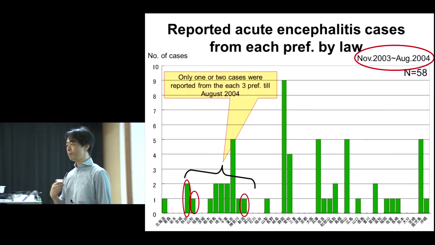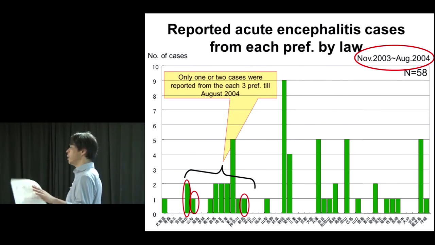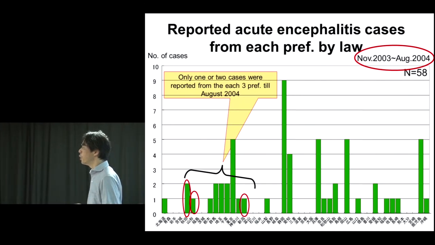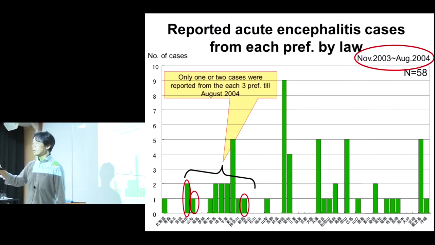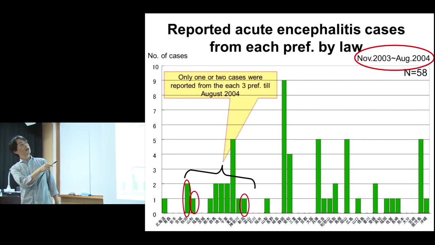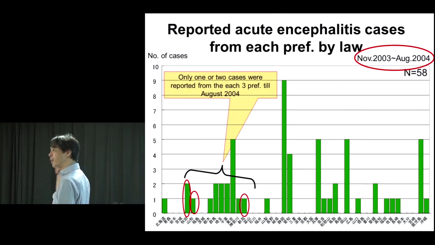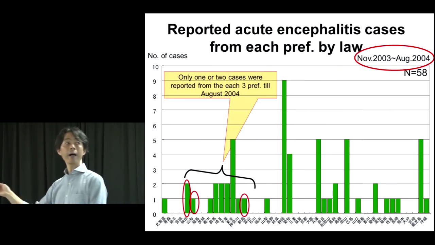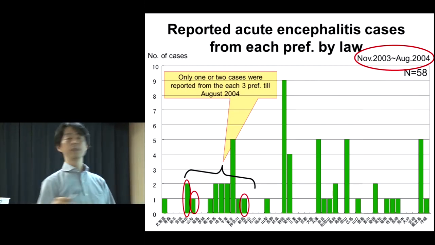So our team, in order to confirm the unusual event, in order to confirm the outbreak, looked into the surveillance systems. According to the Japanese routine surveillance system, we have one disease category, acute encephalitis. It includes infectious diseases, and also some other unknown-cause encephalitis.